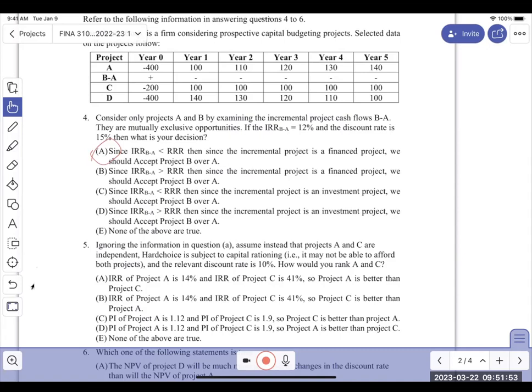then question D, that has a different conclusion. So let's go through each one. Let's look at project A and make sure the IRR is 14 and that for C is 41.